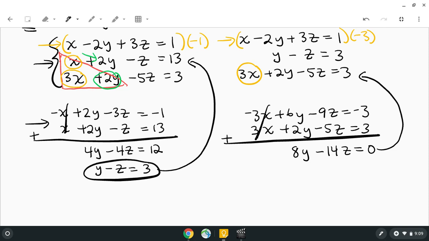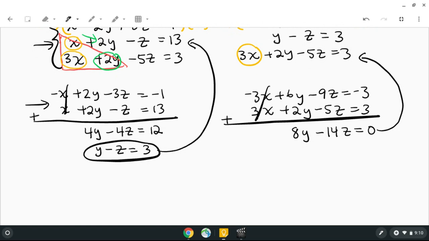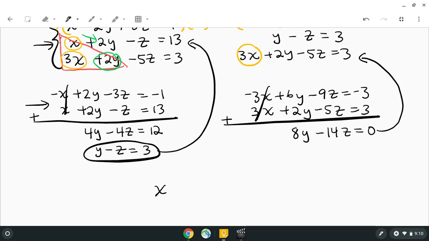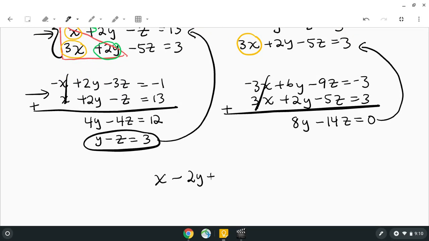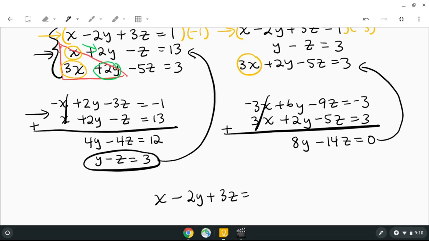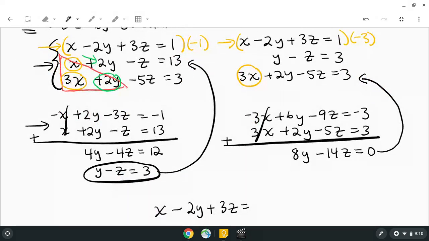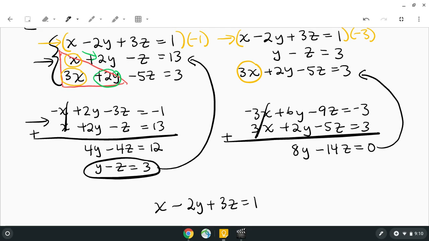So I'm going to bring down that first equation, x minus 2y plus 3z equals 1. So my new system is x minus 2y plus 3z equals 1.